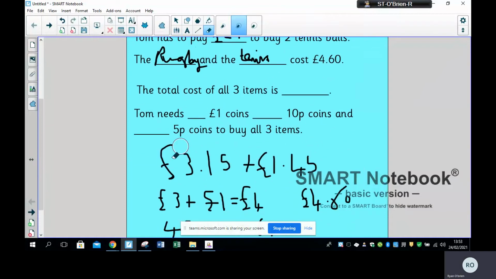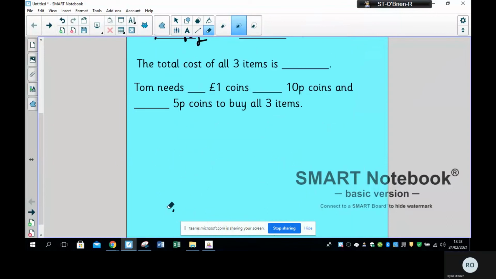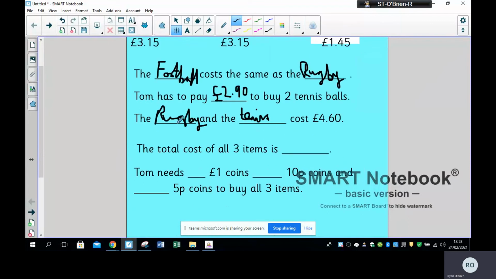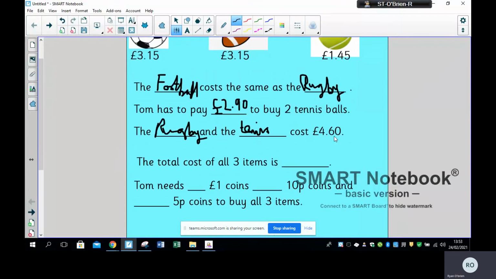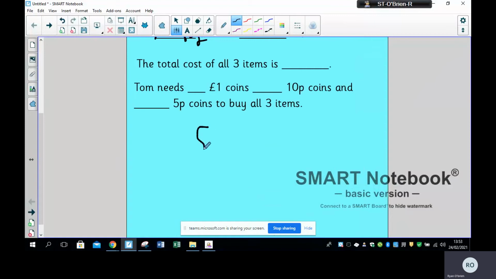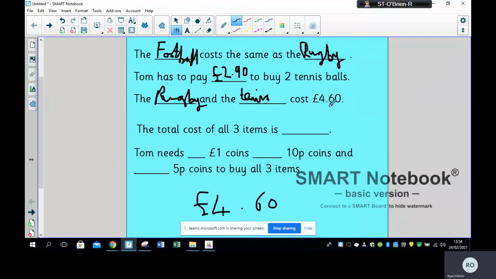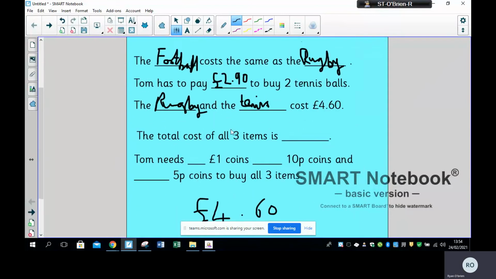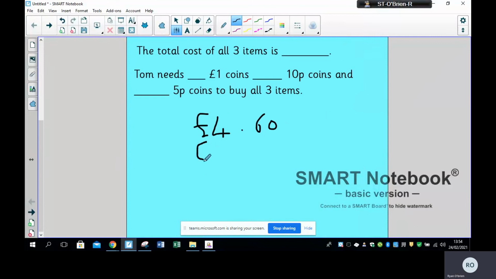Now, the next one: the total cost of all three items is how much? Well, I know the rugby ball and the tennis ball cost £4.60 for two of the items. Now I need to add the football, £3.15.